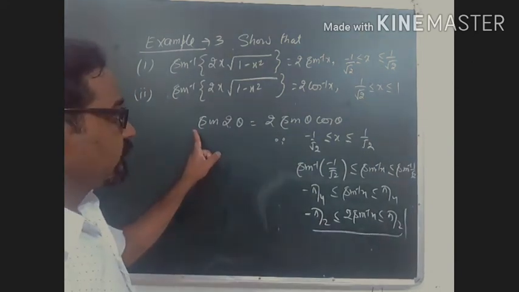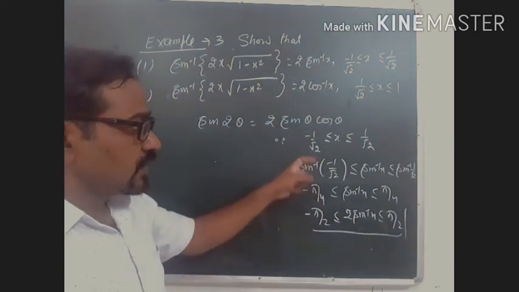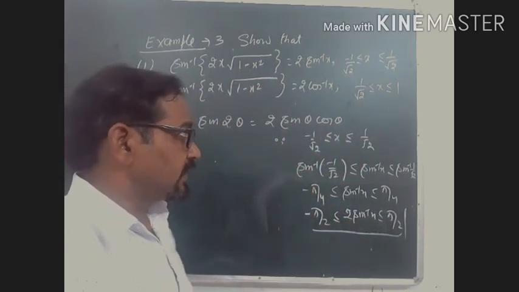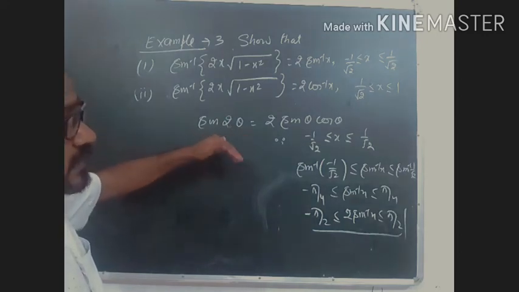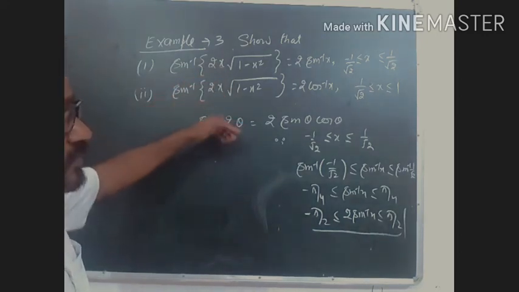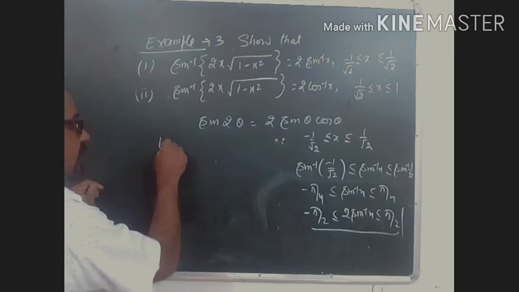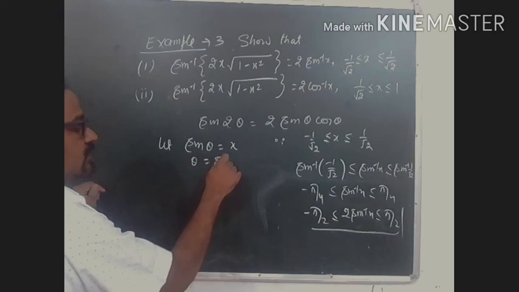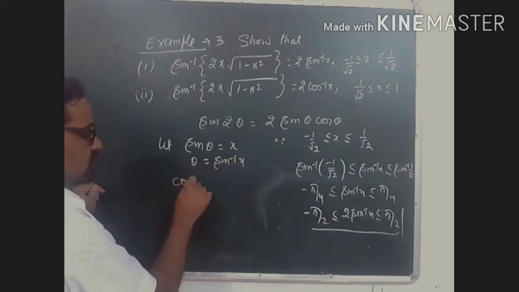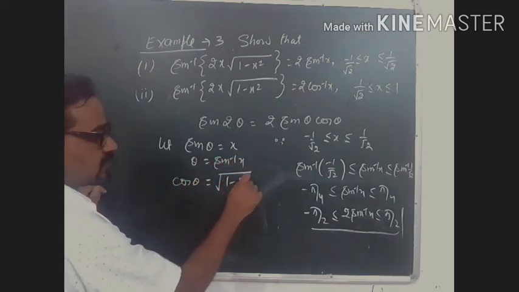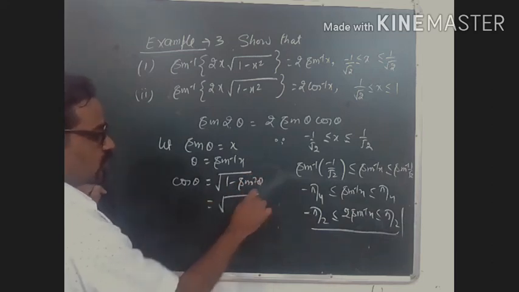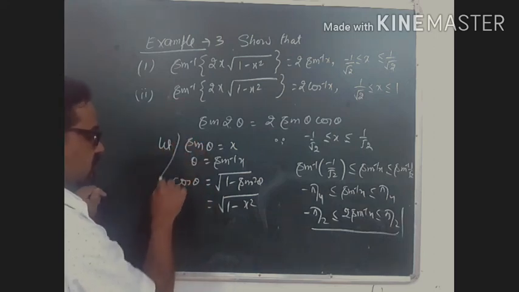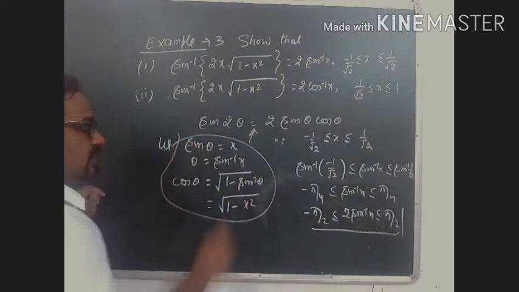So if the value of x lies between this, let x equal sin theta, or sin inverse x equal theta. Then sin theta equals x, therefore theta equals sin inverse x, and cos theta is root 1 minus sin square theta, which means root 1 minus x square. Then put this in the identity.